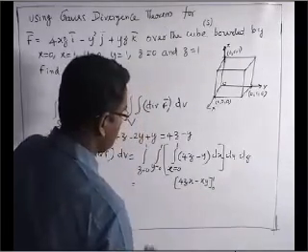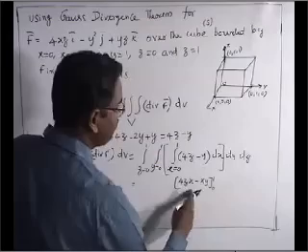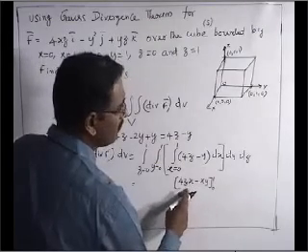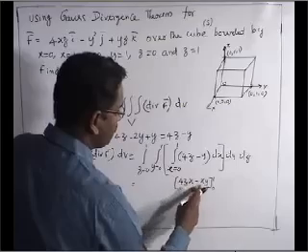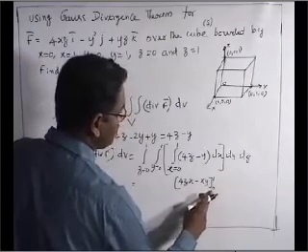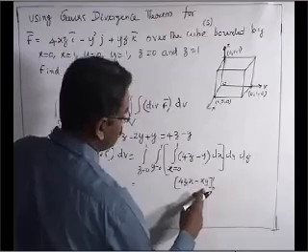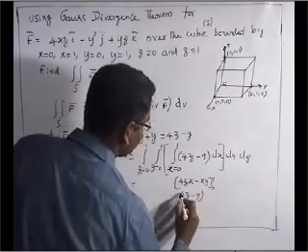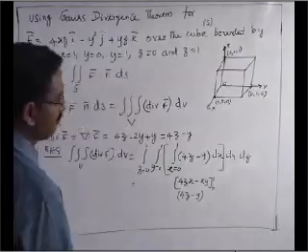Apply the limits: upper limit minus lower limit. Upper limit is simply 1, therefore there is no change, 4z minus y, minus the lower limit for x, both of them become 0. So after applying the limits, you will get 4z minus y.